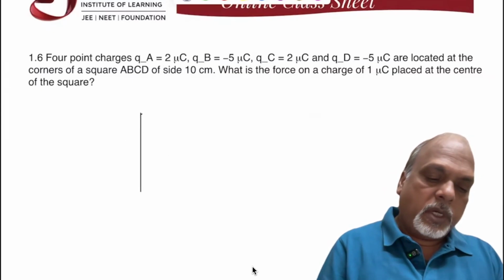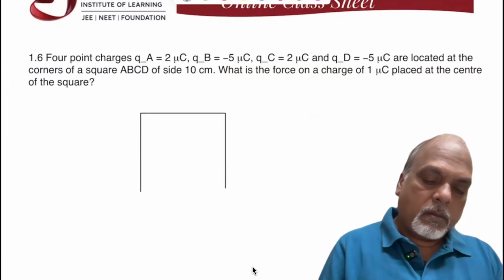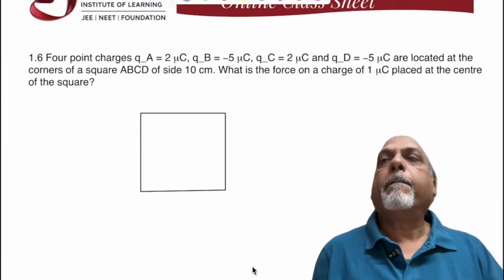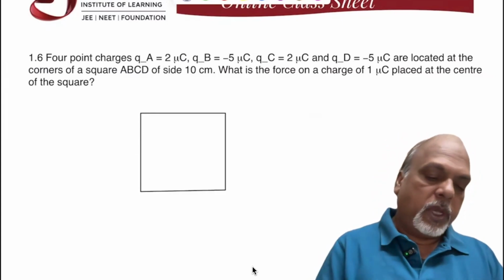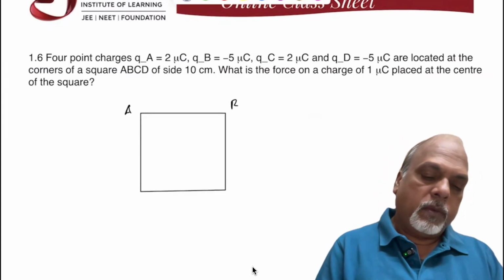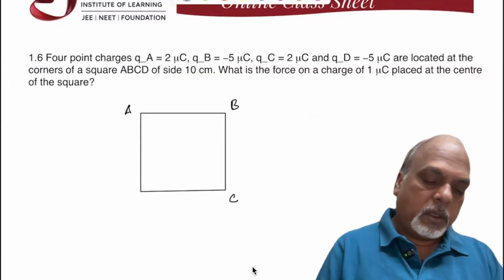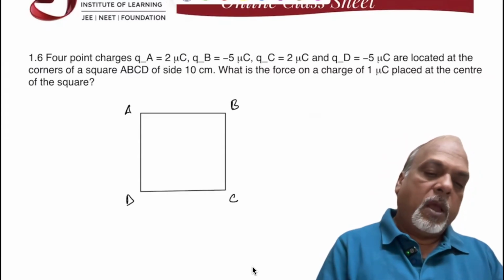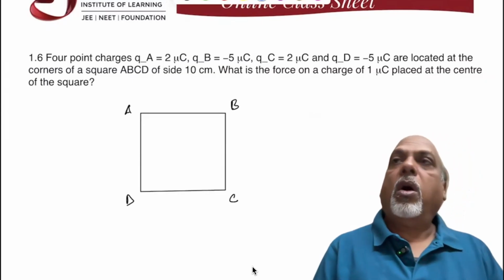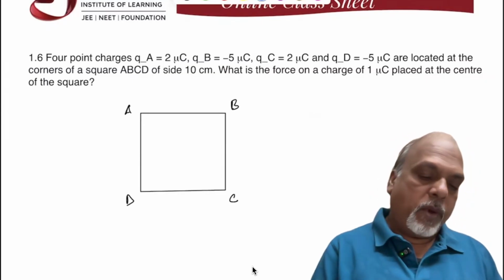There is a square ABCD. Suppose this is A, this is B, this is C, this is D. On A, 2 microcoulomb charge is there.